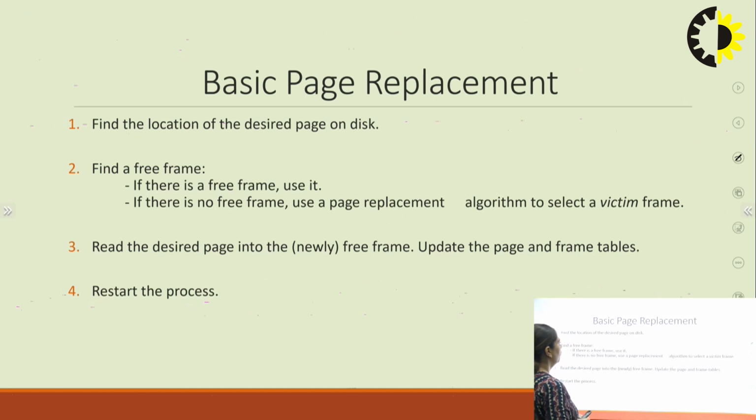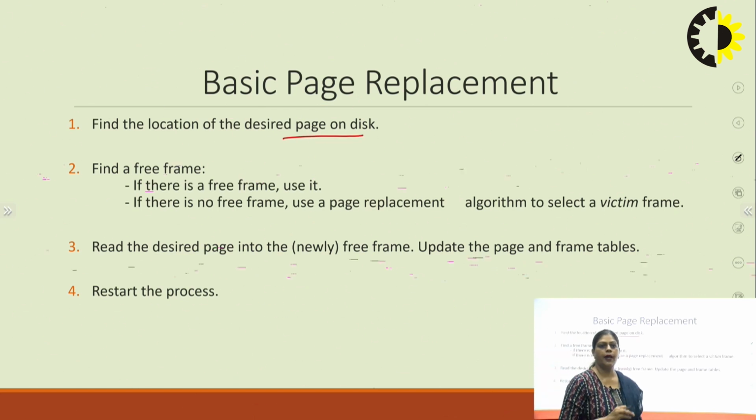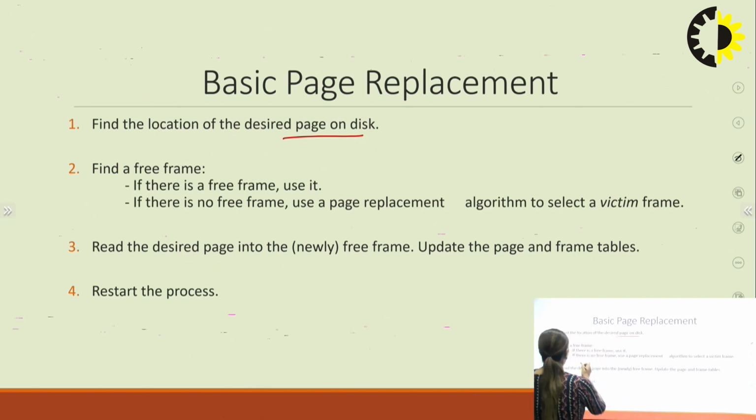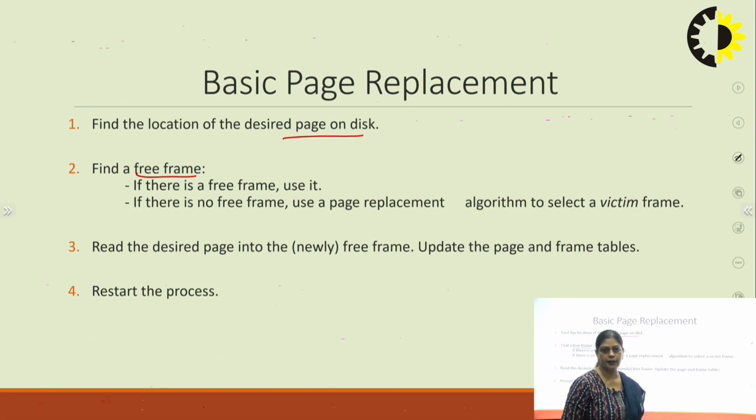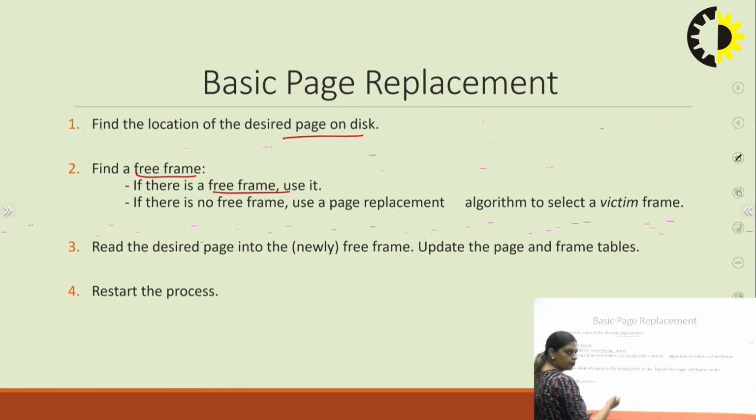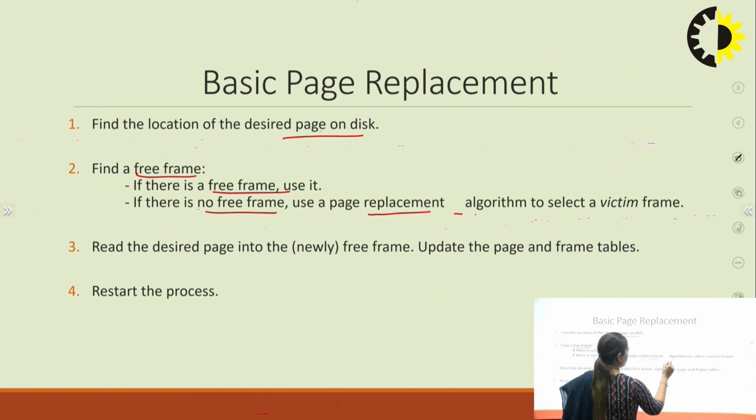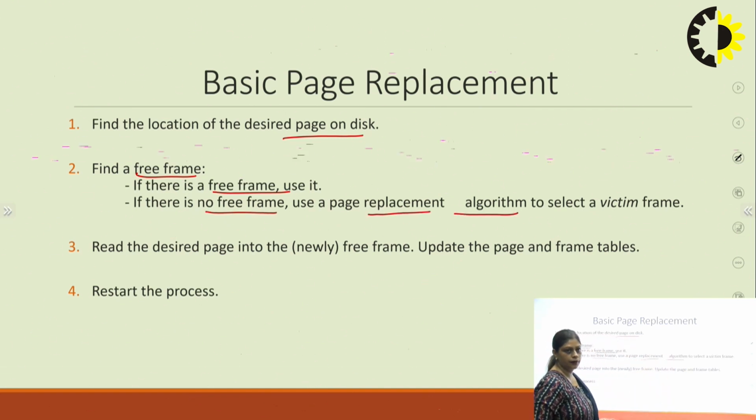Now, what is basic page replacement? Find the location of the desired page on the disk. Whatever page is required, we have to check where it is on the disk. Find a free frame. To bring that page from the backing store to the physical memory, there should be a free place for it. If there is a free frame, then you can use it. If there is no free frame, then use a page replacement algorithm to select a victim frame.